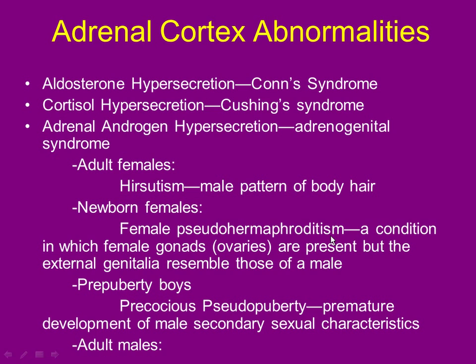Okay, and the next one, adrenal androgen hypersecretion, also known as adrenogenital syndrome. So when I say adrenal androgen, what are they releasing too much of? Way too much DHEA. What would that do to a little girl? Just think about it. It would make her more masculine, right? What would it do to a little boy?